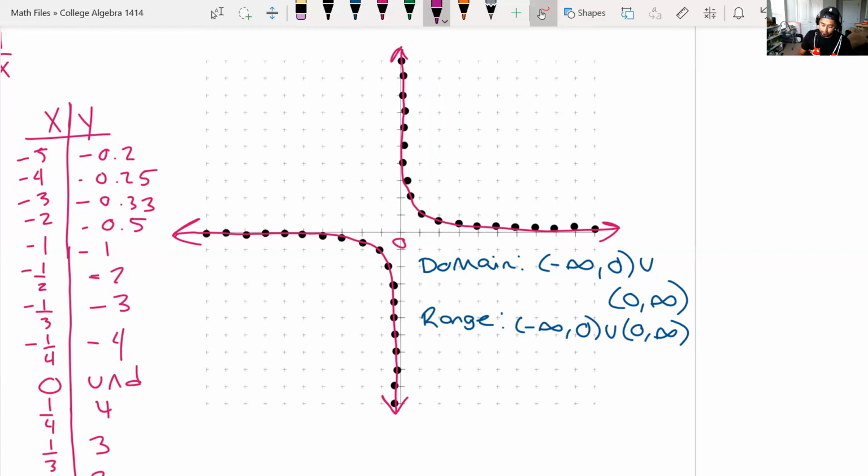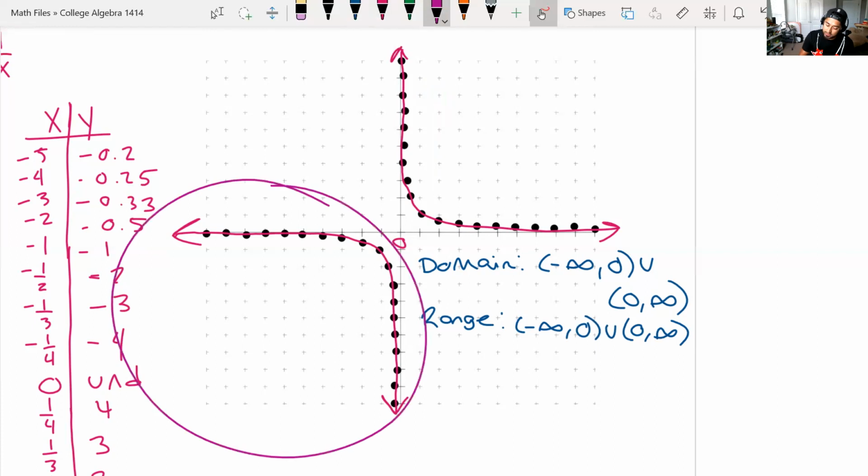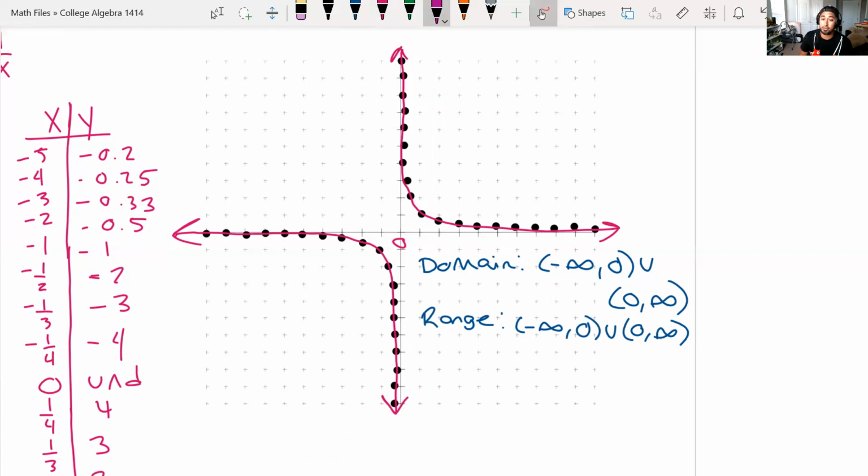So we're reading the graph from left to right. Let's look at the left side first. This graph on the left side is all decreasing, right? Maybe the whole thing's all decreasing. So let's see. We decrease from -infinity to 0. So this is all decrease, right?